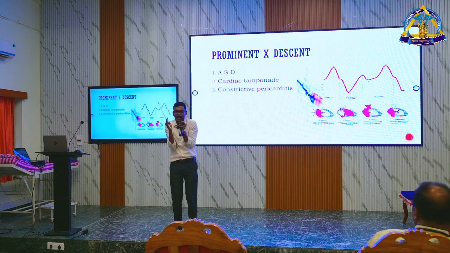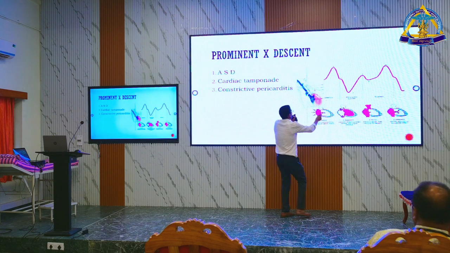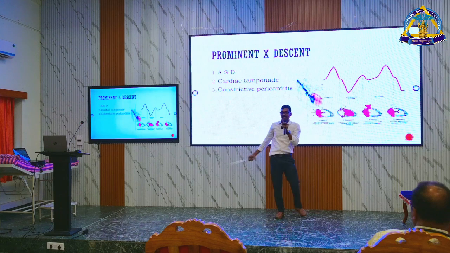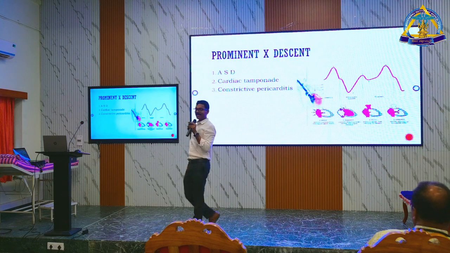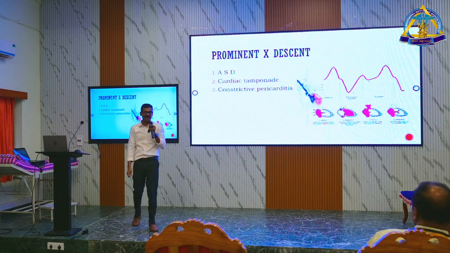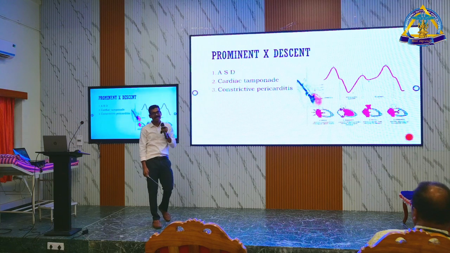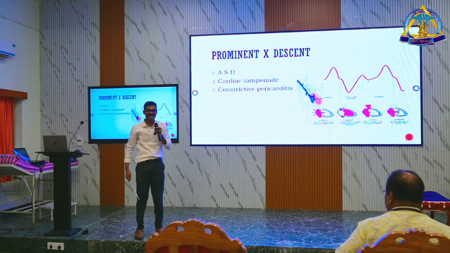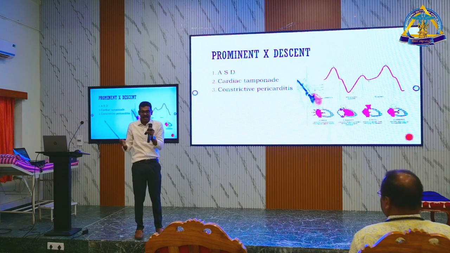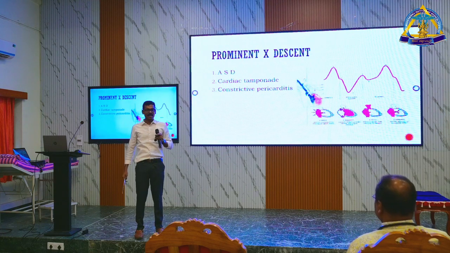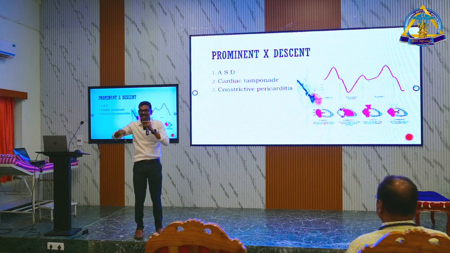You understand? If the Y descent goes, naturally the whole blood has to go down during the X descent. That is why you get a deep X descent in pericardial tamponade, a unimodal filling state where Y is gone because of the pericardial pressure; the ventricle is collapsed and can't take in blood.